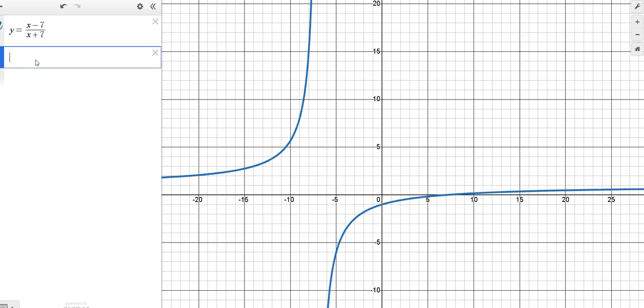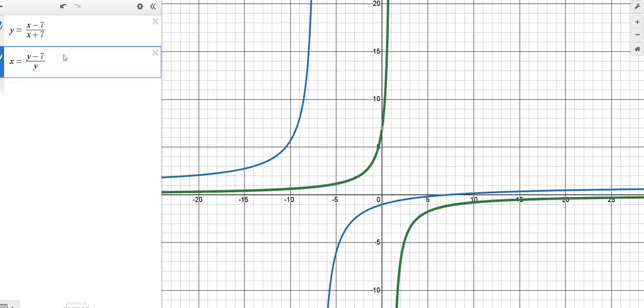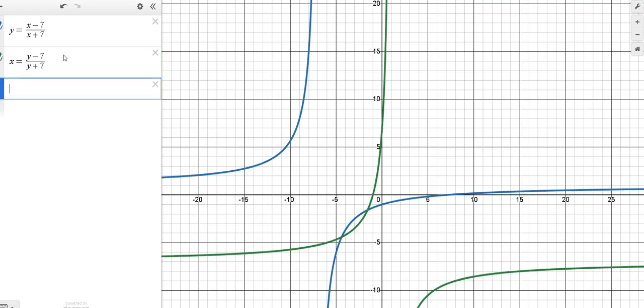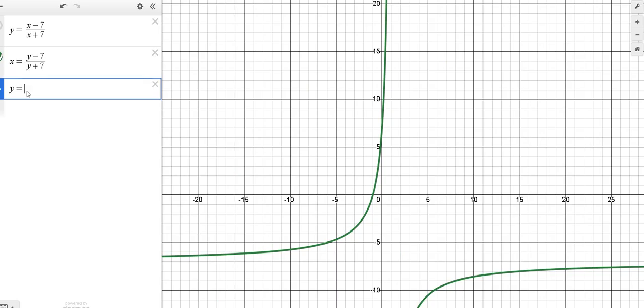And then one way to get its inverse is just type this, x equals y minus 7 divided by y plus 7. That's the inverse. Let's compare the inverse to what we calculated, which is y equals 7 plus 7x divided by 1 minus x.